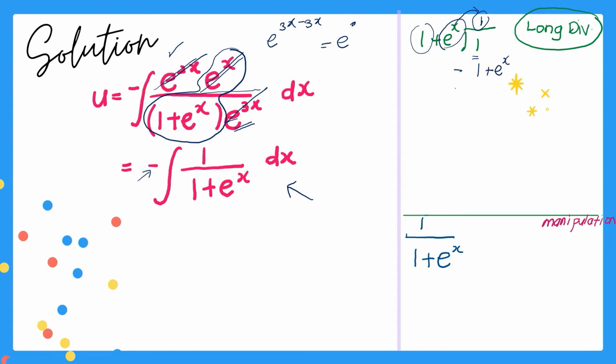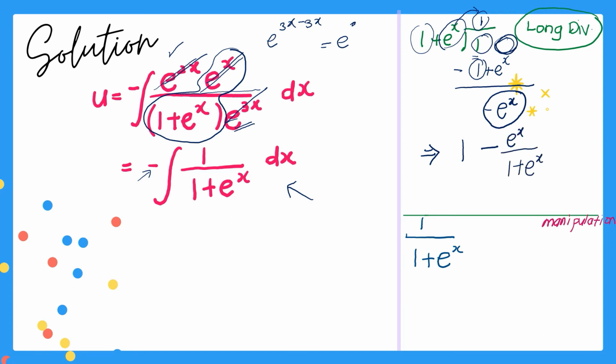Then I subtract: 1 minus 1 is 0, and 0 minus e^x is negative e^x. So by long division, I have 1, and the remainder is minus e^x over 1 plus e^x.